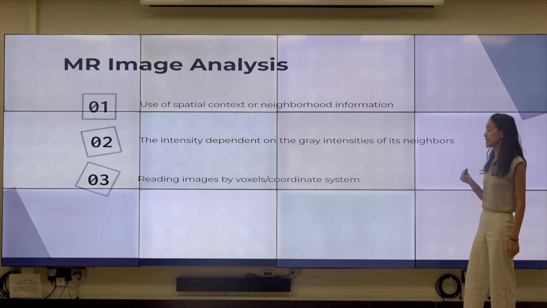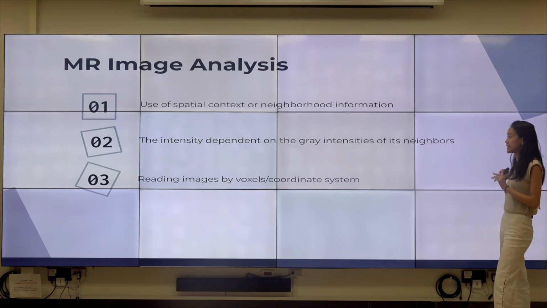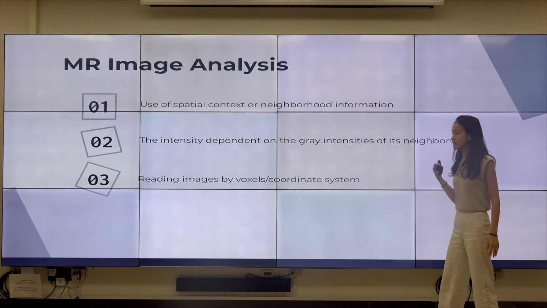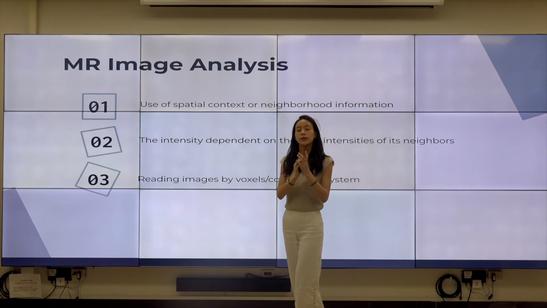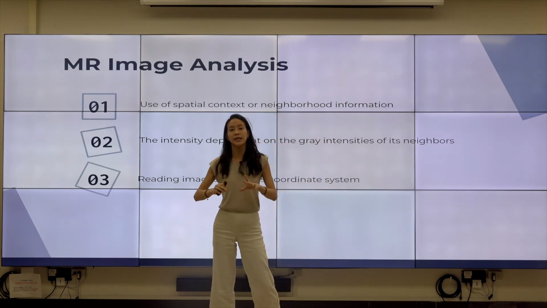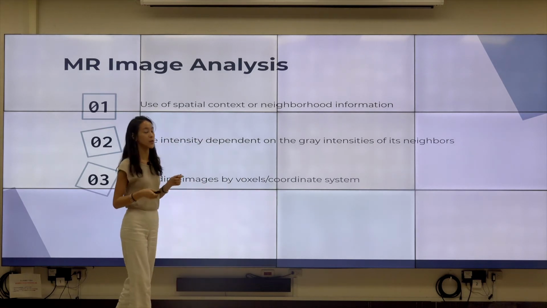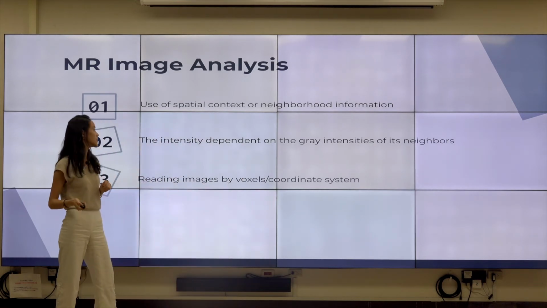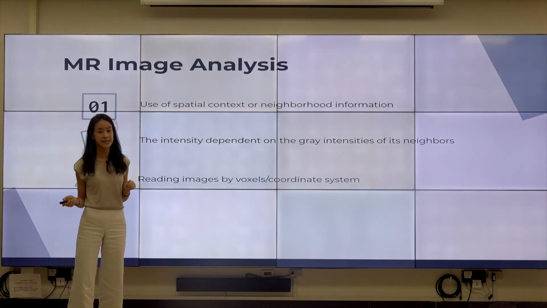The second part is the intensity dependent on the gray intensity of its neighbors. What this means is that the intensity of the voxel or the pixel that we're looking at is very dependent on the intensities of the neighboring voxels or pixels. And the third part is reading images by voxels or the coordinate system.